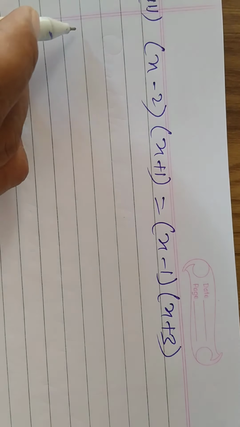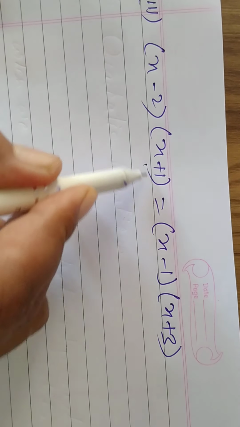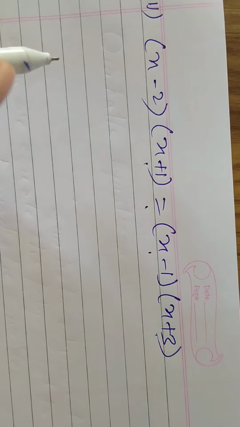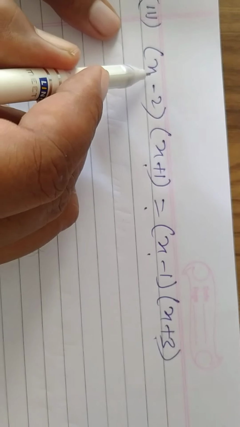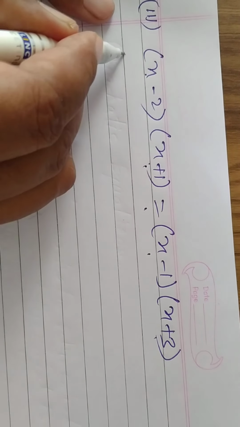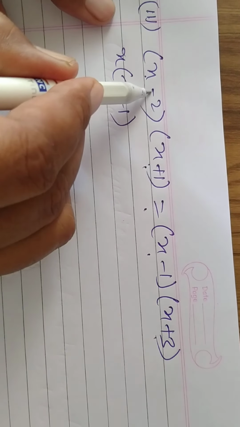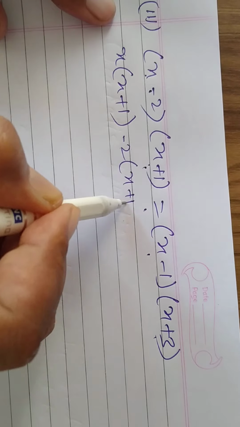Now we start solving. (x − 2)(x + 1) = (x − 1)(x + 3). First we multiply this x to x + 1, we write like this, x(x + 1). After that this −2 to x + 1.